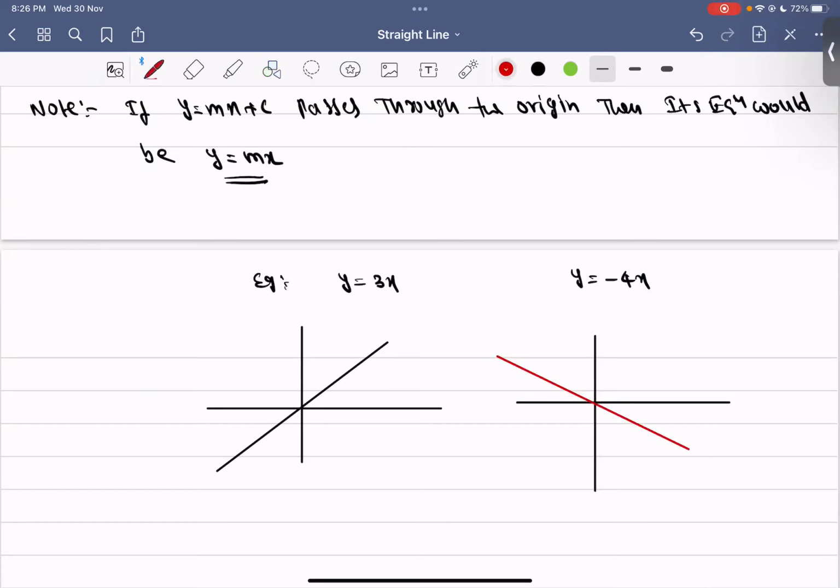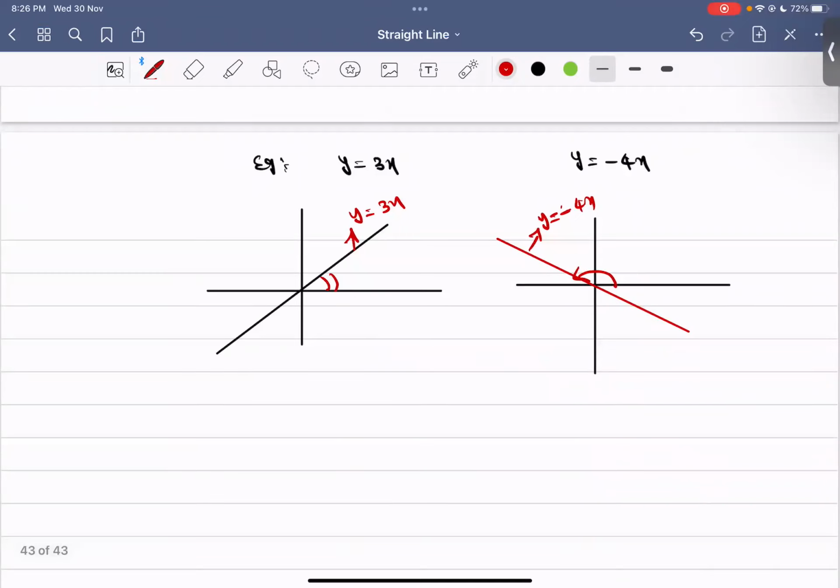This is the line y equals 3x, and this is the line y equals minus 4x, an obtuse angle. In both cases, the line passes through the origin. Here acute angle, here obtuse angle. So this is one note.